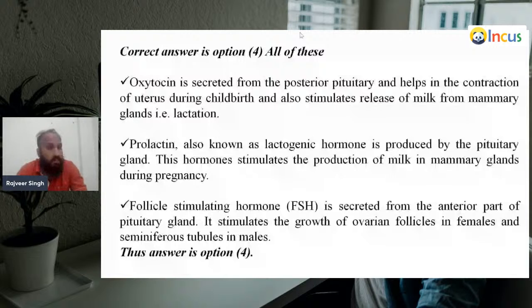Prolactin, also known as the lactogenic hormone, is produced by the pituitary gland. This hormone stimulates the production of milk in the mammary glands during pregnancy, right? Then, follicle stimulating hormone FSH is secreted from the anterior part of the pituitary gland. It stimulates the growth of ovarian follicles in females and seminiferous tubules in males. So that is why we have chosen the fourth option.